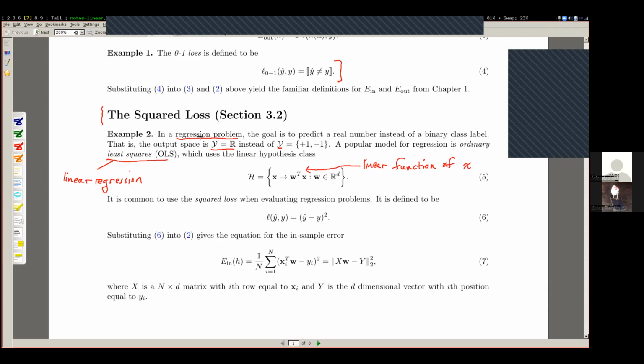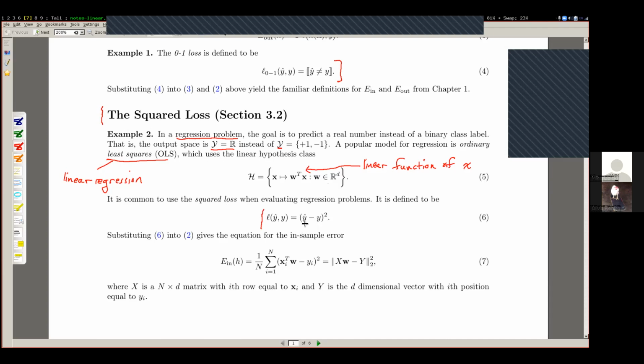Whenever we're doing regression problems, the 0-1 loss doesn't really make sense, because we're very rarely going to predict exactly what the real number should be. Instead, the squared loss is commonly used. This is the definition of the squared loss right here.